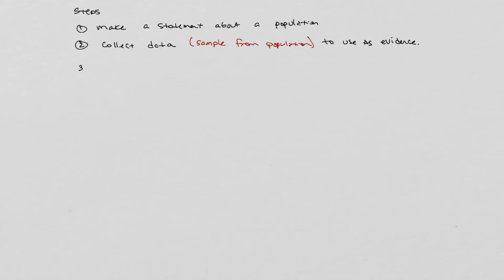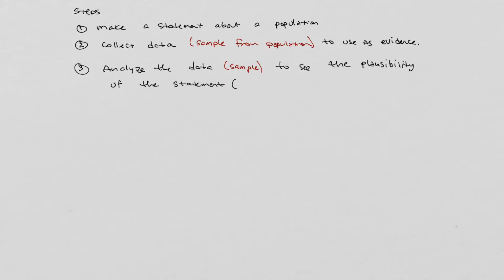Then once we've collected our data, we analyze it. When I say data, we're talking about the data coming from the sample. We analyze the data to see the plausibility of the statement that was made, or maybe the hypothesis, if you want to check that.